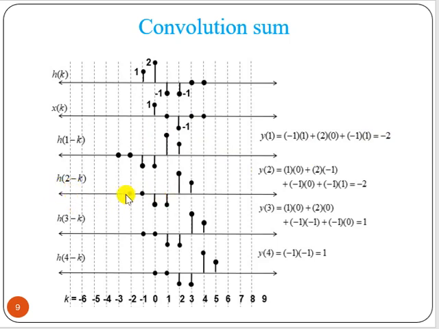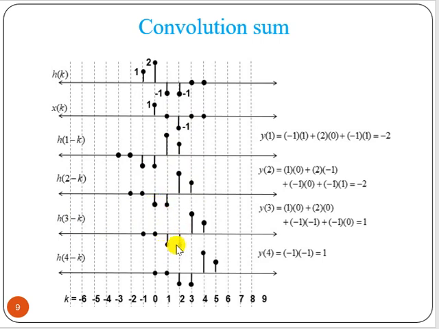Again 2 minus k, if we shift this data again by 1 unit, now see this data is shifted by 1 unit right hand side. Now we can see 1, 2, 3 data overlapping, and this data is now multiplied with 0. Again 3 minus k, shift by another unit.